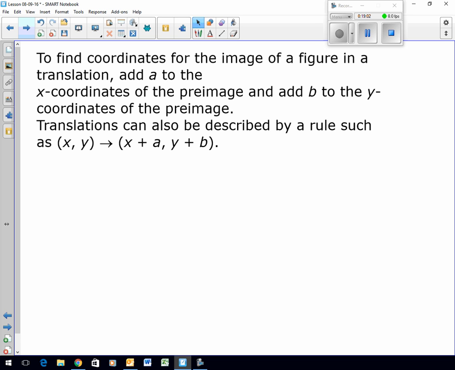So I'm at (3, 0), and I translate 4 units to the left. I go from 3, 2, 1, 0, -1. That was 4 units to the left. That was a slide or a translation to the left.